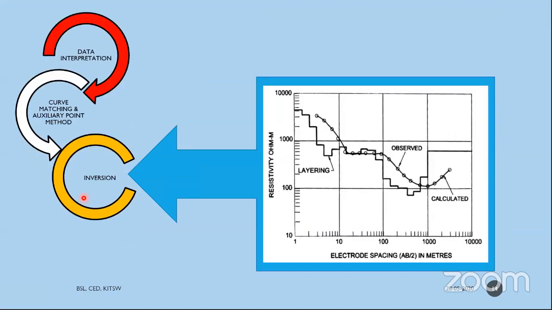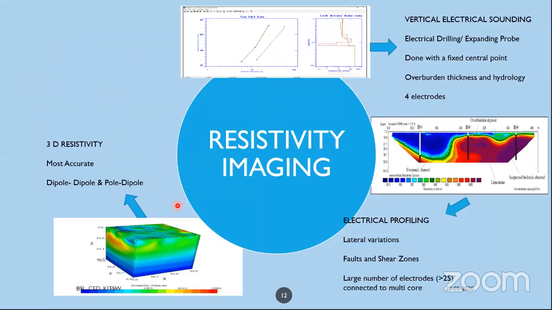In simplest terms, it is a reiteration process. In inversion, you just have to enter the data into the system. The system starts computing, and you just get the output. If you see this diagram, this type of trend can be generated by the system automatically, provided you compute properly.